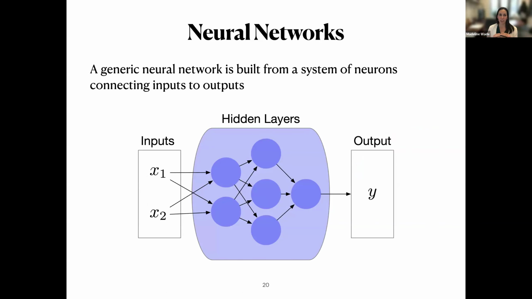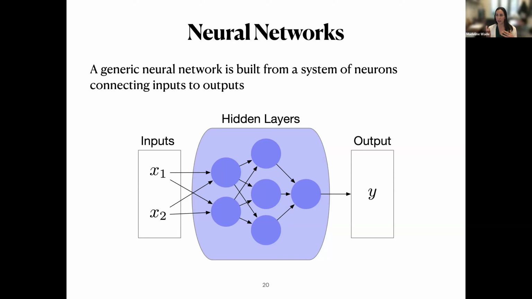A neural network in general is not just composed of one neuron, but of many, many neurons, and potentially many layers of neurons. Each of these circles is meant to represent a neuron, and each column of circles represents a layer, where the first layer takes the actual data inputs that you're giving the algorithm.